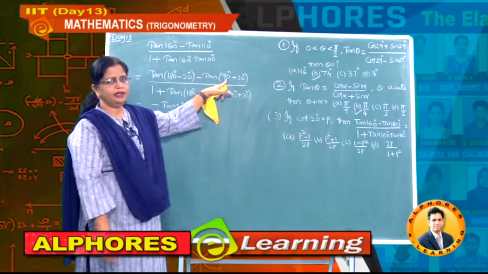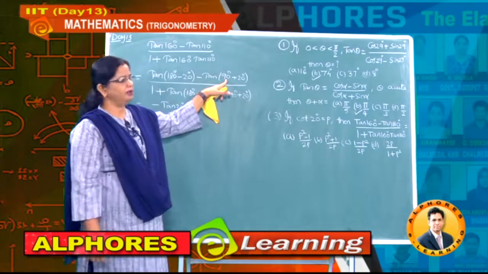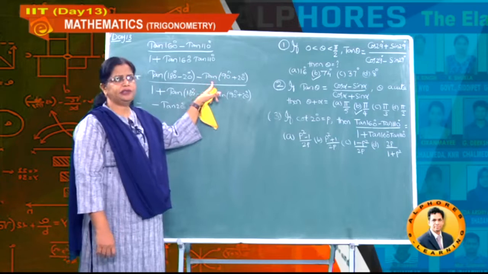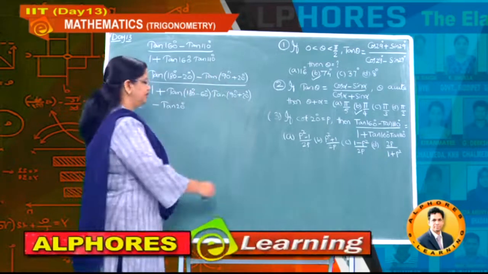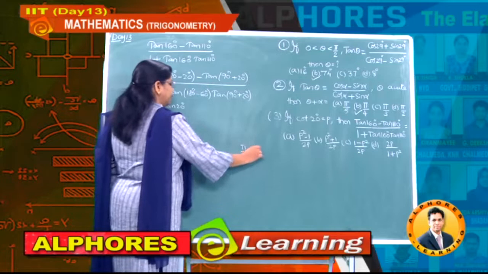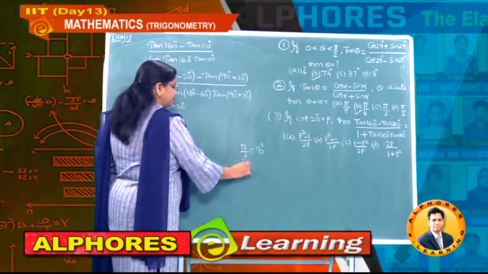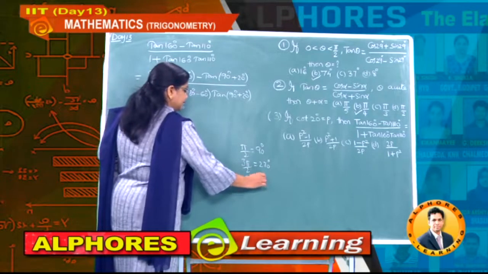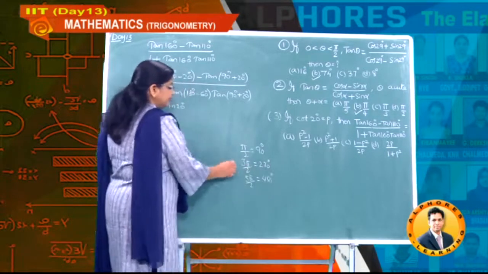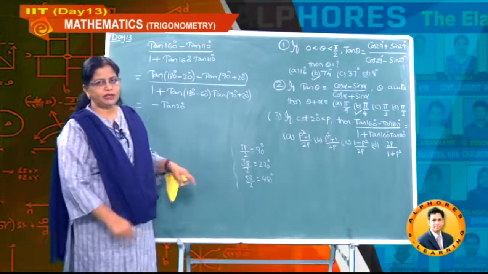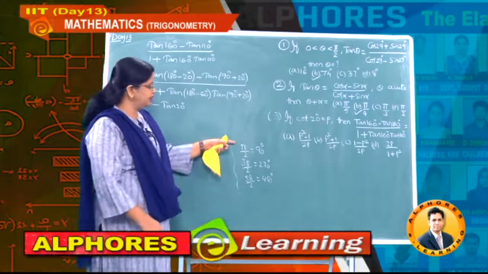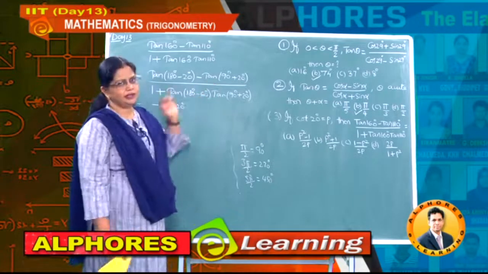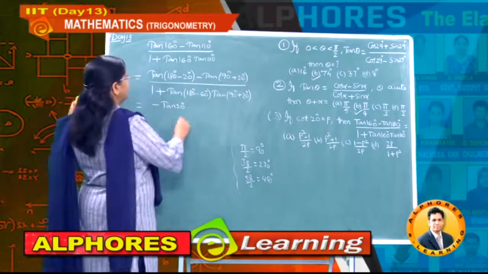If the angle is an odd multiple of pi by 2, that is 90 degrees, 3 pi by 2 which is 270 degrees, 5 pi by 2 which is 450 degrees, then the function must be changed. Therefore here I am writing minus.